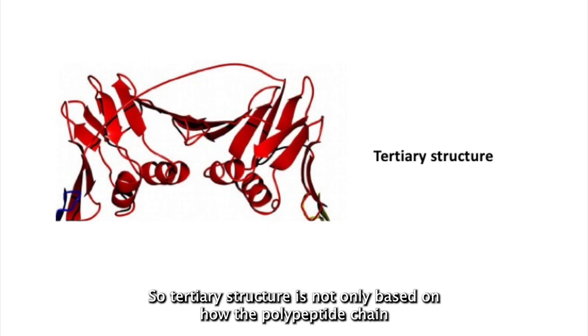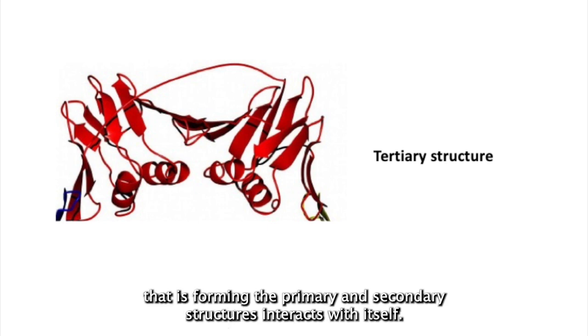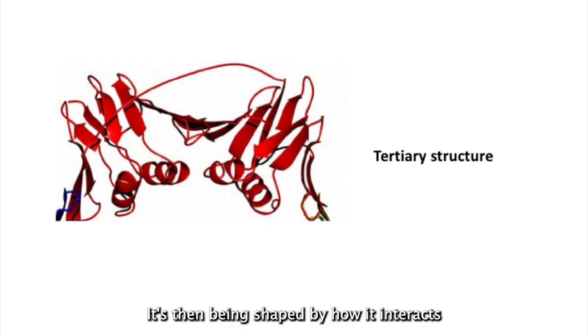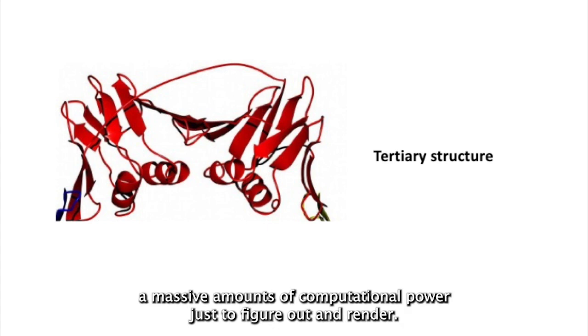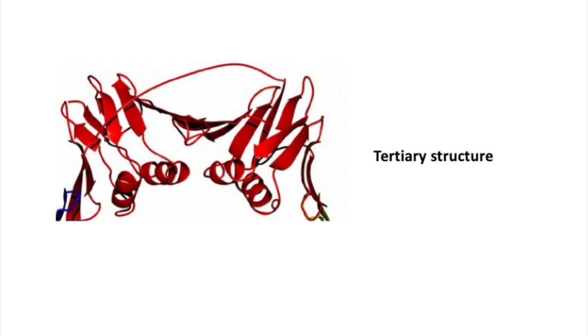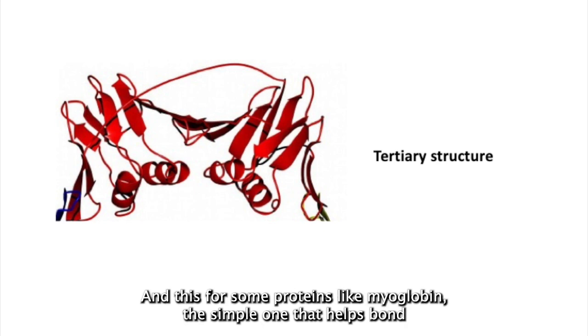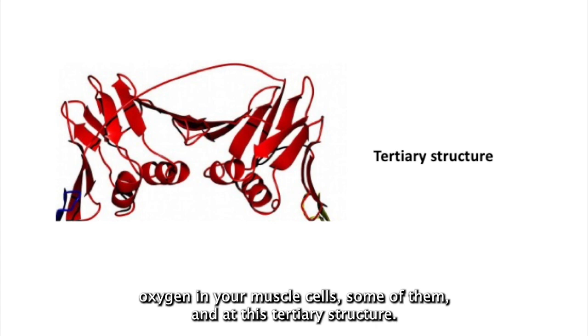So tertiary structure is not only based on how the polypeptide chain that is forming the primary and secondary structures interacts with itself, it's then being shaped by how it interacts with the environment outside of the protein itself. And these are often mind-bogglingly complex, requiring massive amounts of computational power just to figure out and render. And this, for some proteins, like myoglobin, the simple one that helps bond oxygen in your muscle cells.